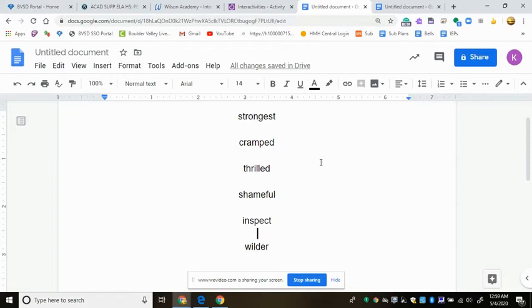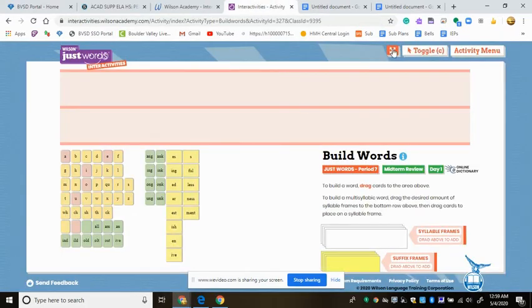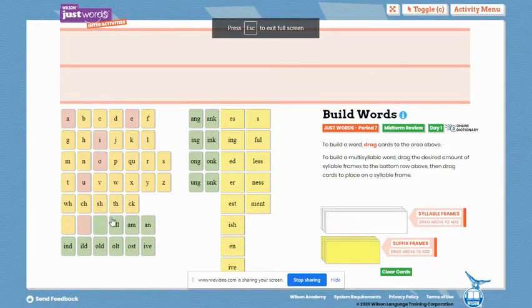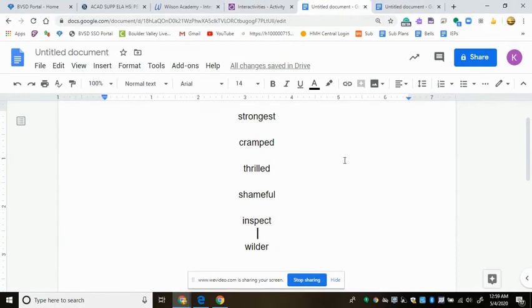Remember what a welded sound is? Welded sounds are the ones that are in green here. These are all the welded sounds in words. So we're going to box those. Why don't you stop the video and mark up the words?